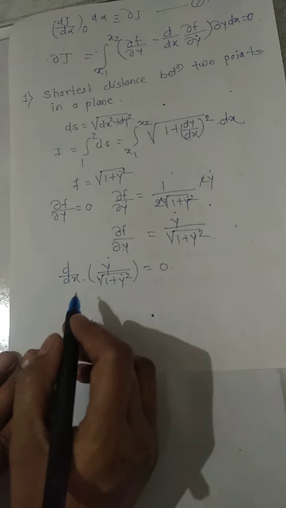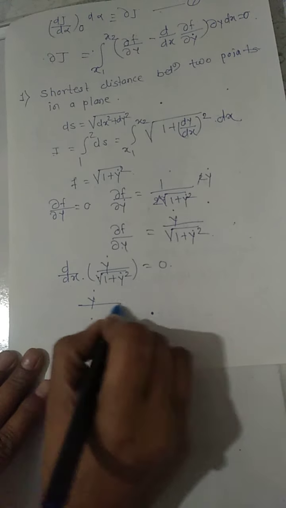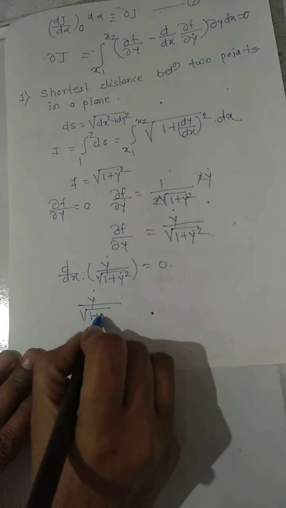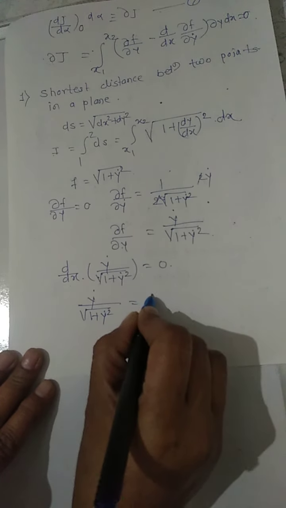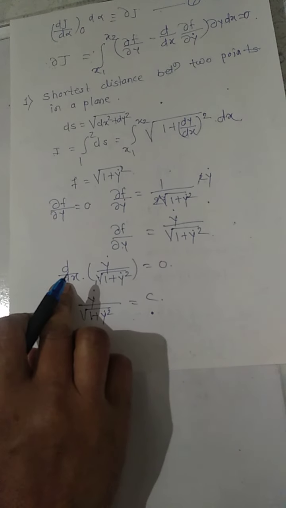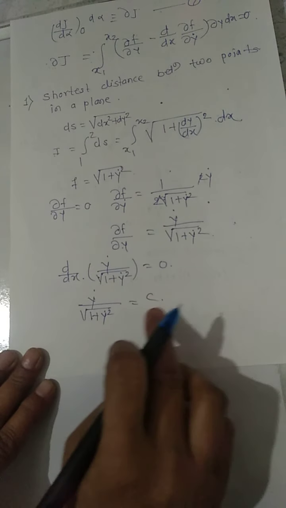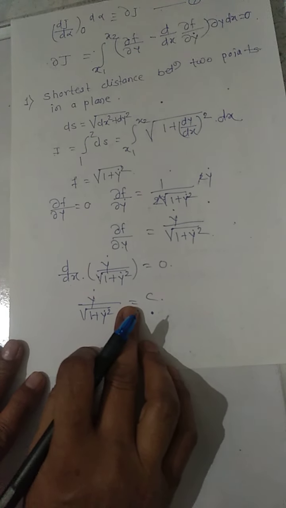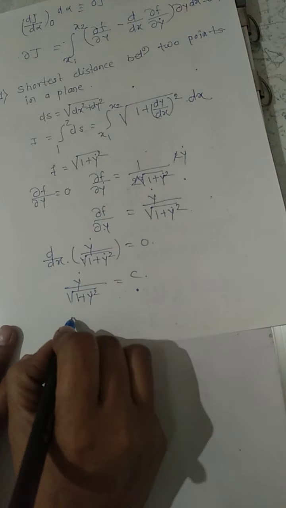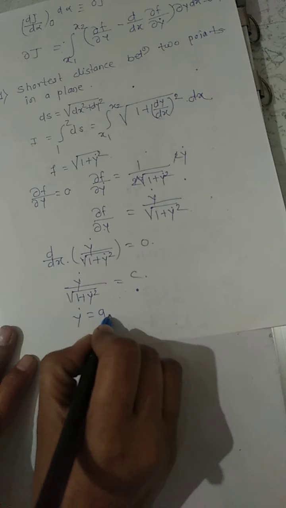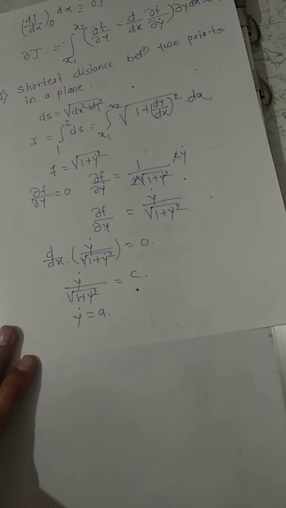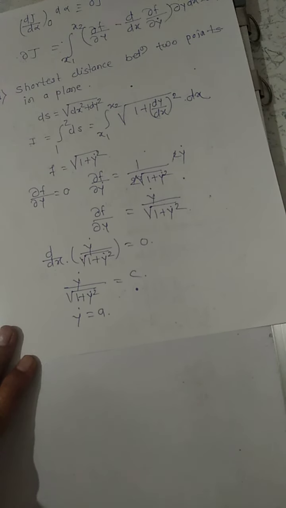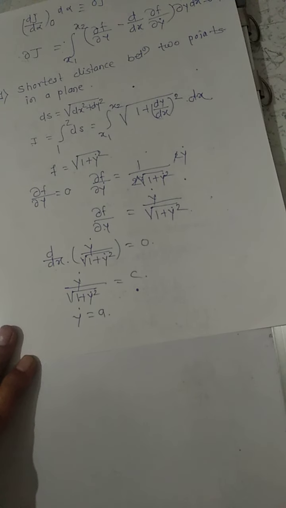This derivative is 0, therefore ẏ upon the square root of 1 plus ẏ squared is equal to c, because integrating this we get a constant, and here c is a constant and the solution can be valid only if ẏ is equal to a, because this is also constant, and here a is a constant.